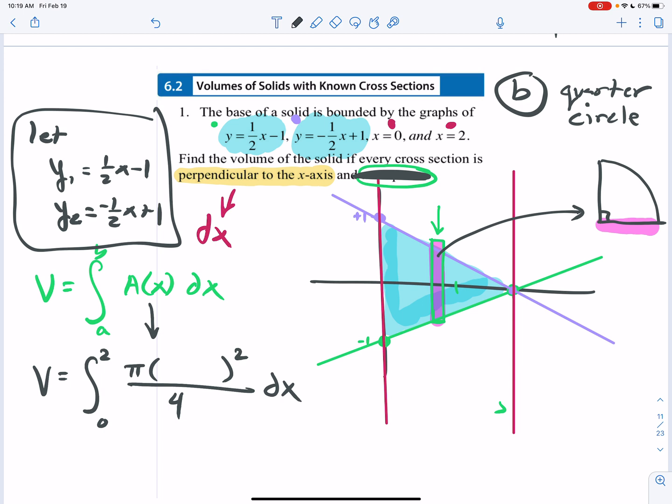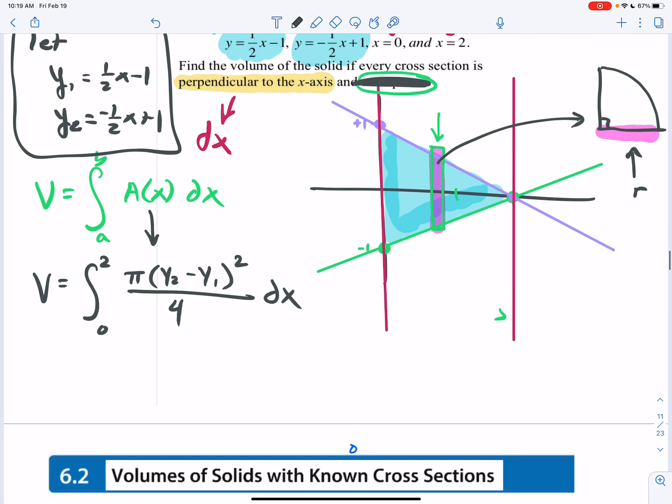Now, the radius, pi r squared, the radius is right here. How do I get the length of that orange highlight? That's really just top minus the bottom here. So in this case, it's really just y2 minus y1. If your cross-section changes, the area formula will change too, obviously.